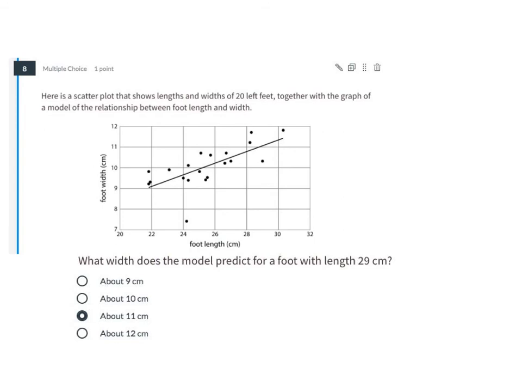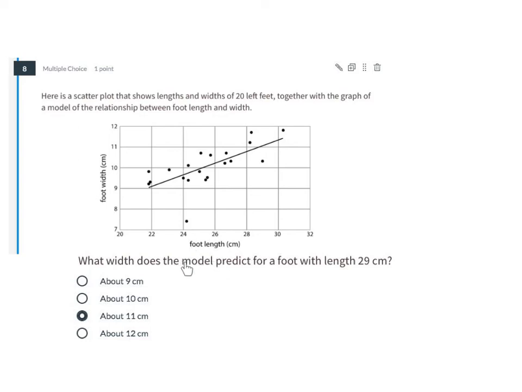All right, number 8. We have the same scatter plot dealing with 20 left feet, and we're looking at the foot length and width. And it says, what width does the model predict for a foot with a length of 29? So remember the model is not the actual. The model is actually the prediction.